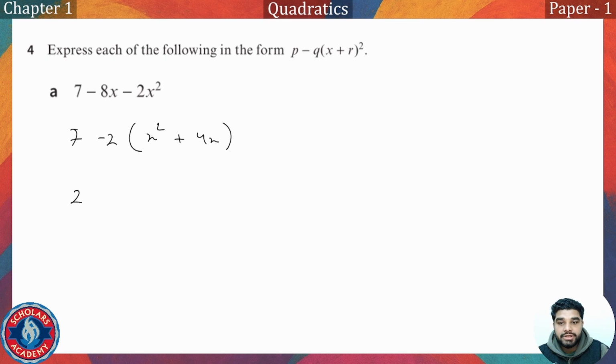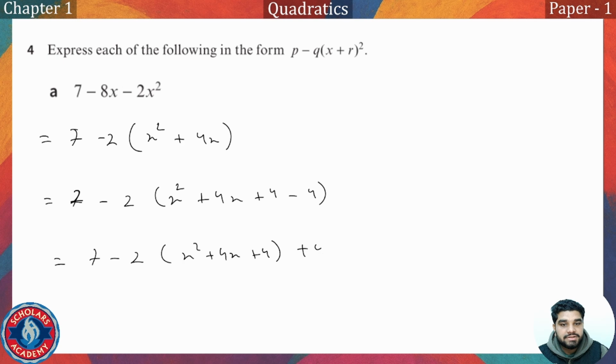So 7 minus 2, and b is half of 4, that is 2. So b square will be 4 and minus of 4. We'll take this negative 4 out. We get 7 minus 2 x square plus 4x plus 4 plus of 4.